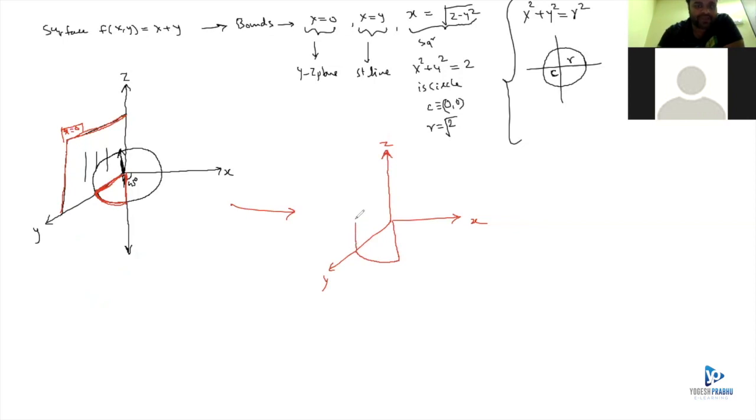So that is the surface over this pizza. Now, this surface could be any surface, but it is strictly over this pizza slice. And we want to find out this V.